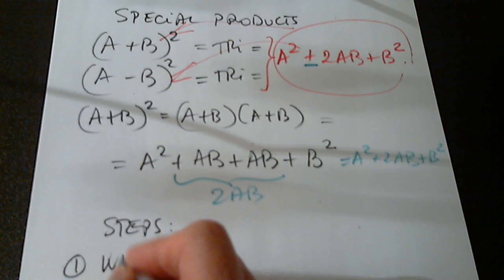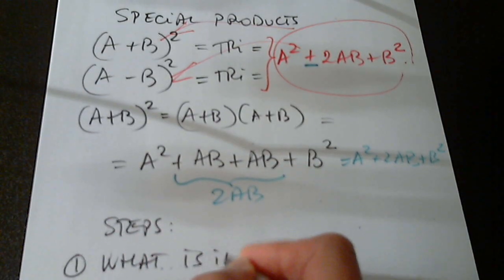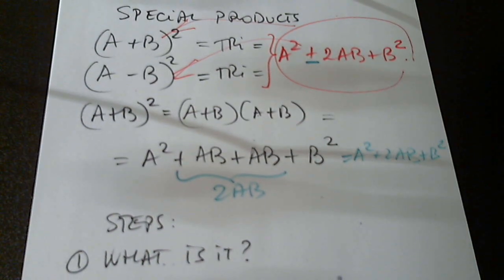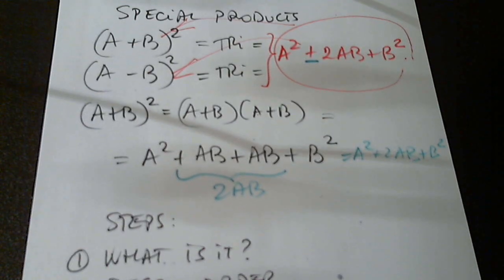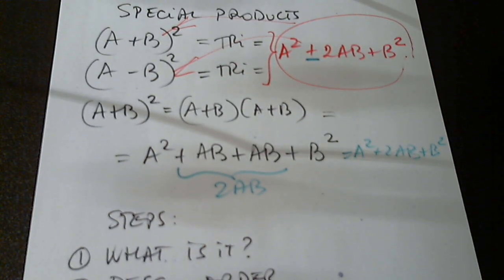Number 1, what is it? This time I'm going to say a trinomial. Step number 2, descending order. If not, I will rearrange it as we did. Step number 3, greatest common factor.